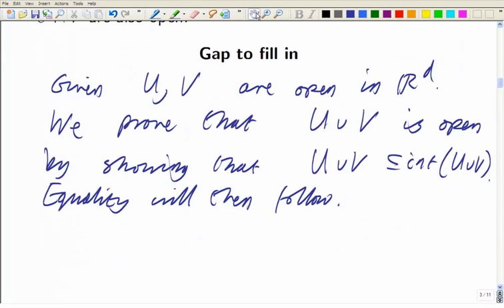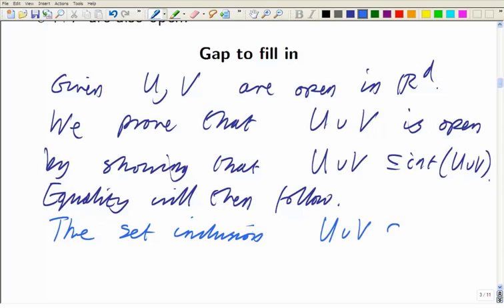But to prove that inclusion, it's enough to show that U is a subset of the right-hand side and that V is as well. So the set inclusion U union V contained in the interior of U union V will follow if we can prove the following.